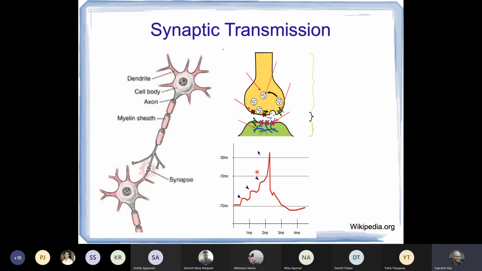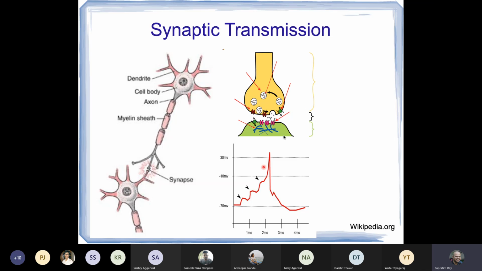Here is a zoomed in version of the same thing, the synapse. Action potential reaches this end. It causes these synaptic vesicles to fuse. The neurotransmitters get released. They bind to the next neuron. Every time, a bunch of neurotransmitters is released, and there is a slight depolarization because of the opening of some ion channels.